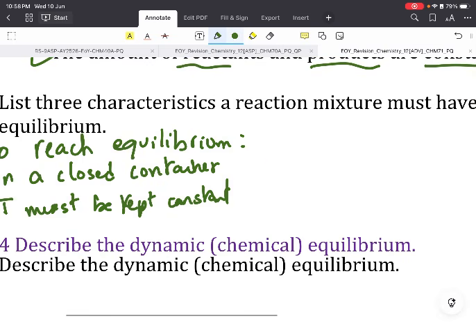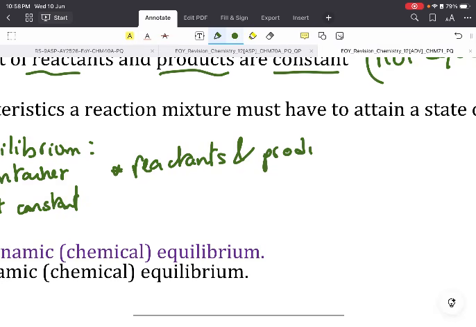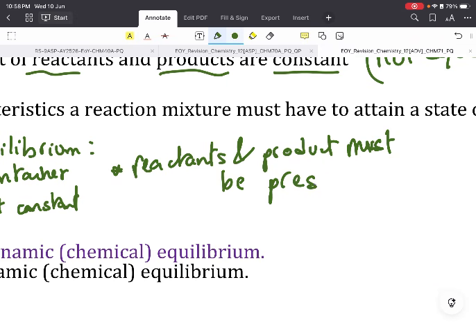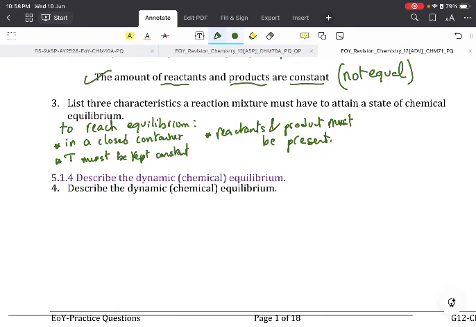And I should have the reactants and products present. Without the formation of product and keeping the reactants, a system cannot reach equilibrium. So reactants and products must be present.